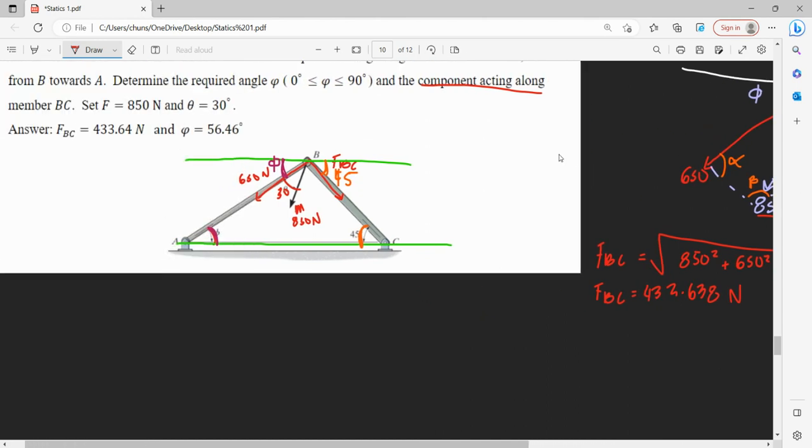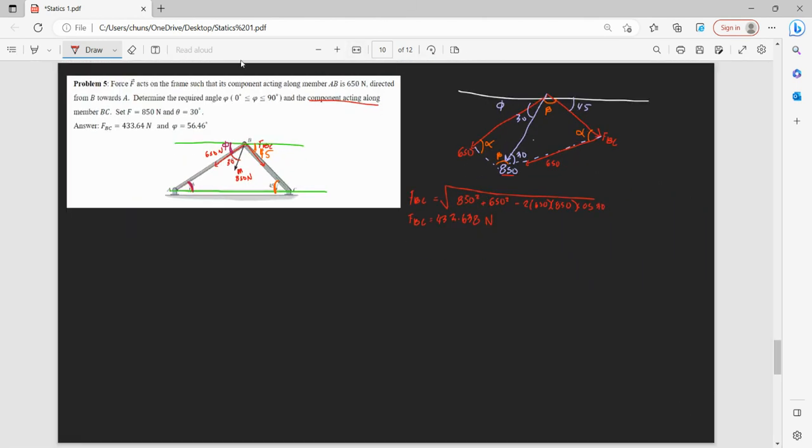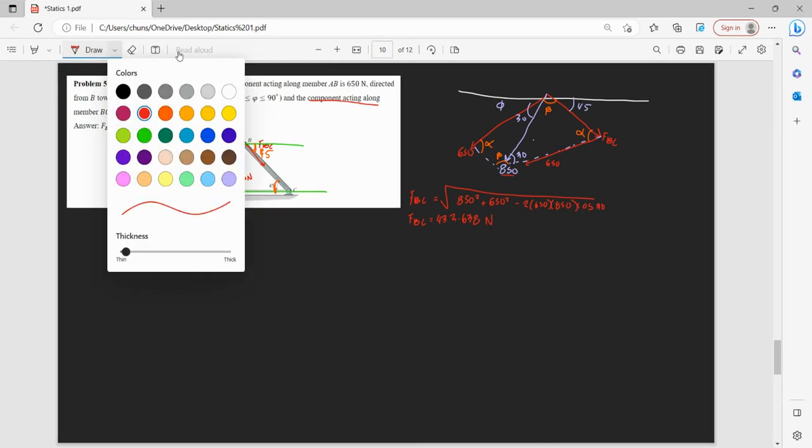Okay, so we've solved for FBC, and now we need to solve for our phi. So a little bit more geometry up ahead, but that's okay, we can handle it.